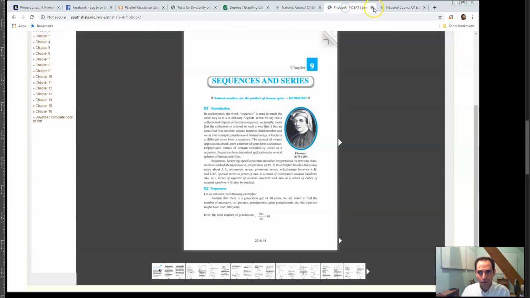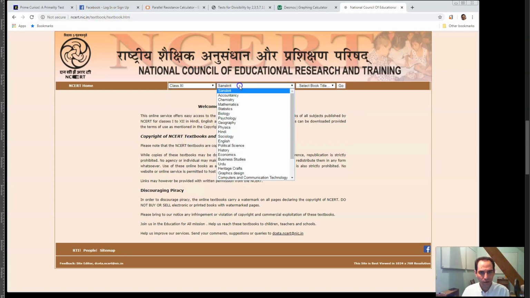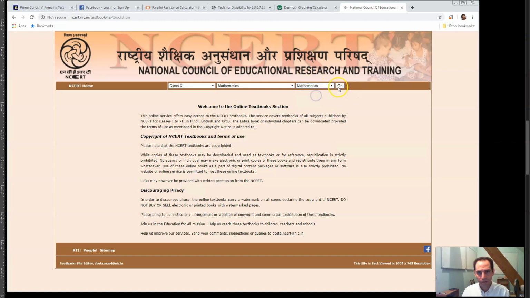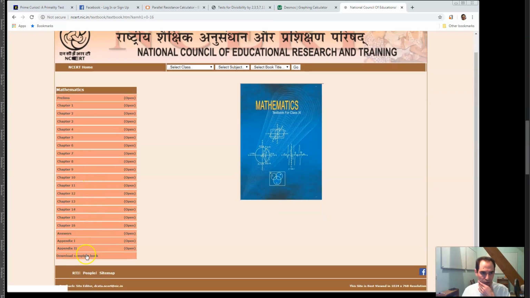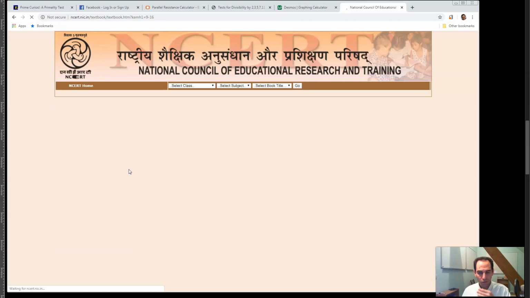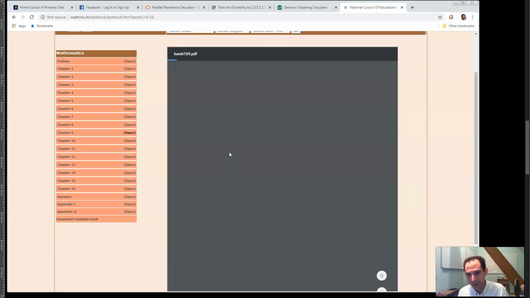To get the book, you need to go to this address, ncert.nic.in/textbook/textbook.htm, and then you can go over here to class 11 mathematics, and if you hit go, then you will have the book over here, and you can download the complete book, meaning all of the chapters of class 11. In this playlist, we are doing chapter 9, which is related to sequences and series.